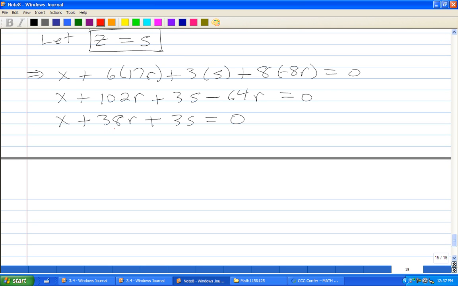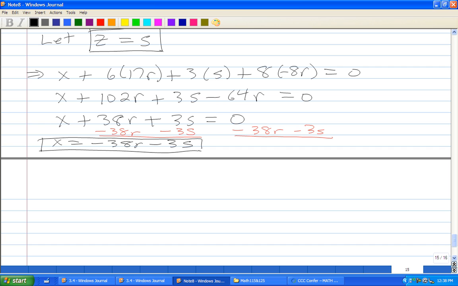Subtract 38r and 3s from both sides of my equation. So you get x equals negative 38r minus 3s.